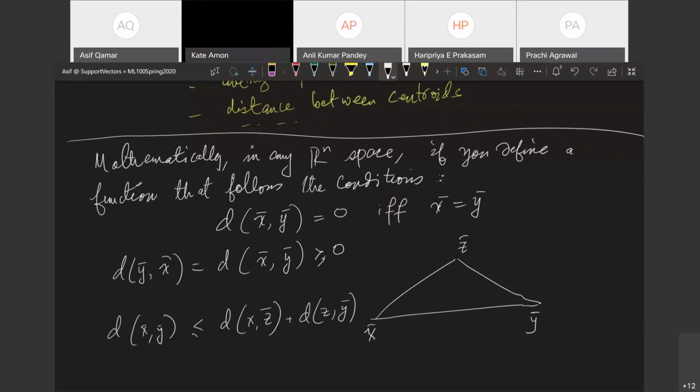So this path will be longer than this path, the shortest path between these 2 points. So this is the shortest path. There is a name for the shortest path.